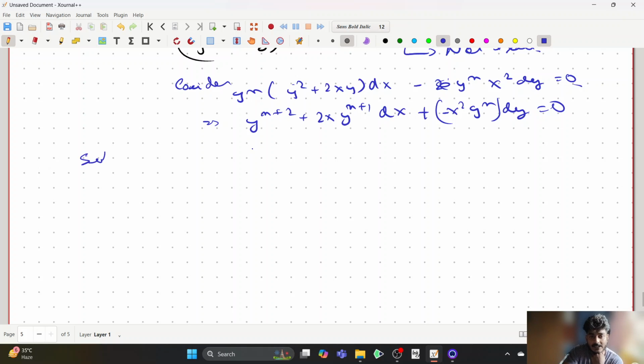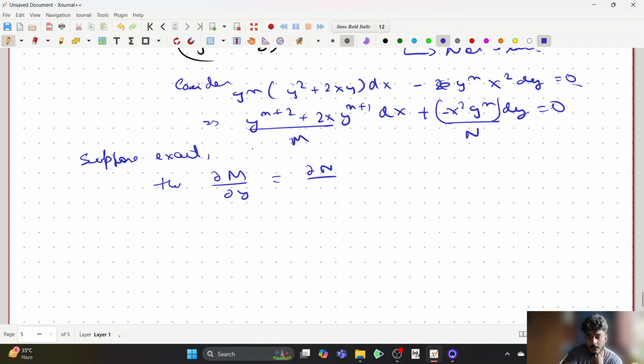Now suppose exact. So suppose I choose this to be M, and this to be N. Suppose exact, then ∂M/∂y should be equal to ∂N/∂x. Therefore, partially differentiating this with respect to y will give you (n+2) y^(n+1) + 2(n+1) x yⁿ, which should be equal to minus, so what should this give you?